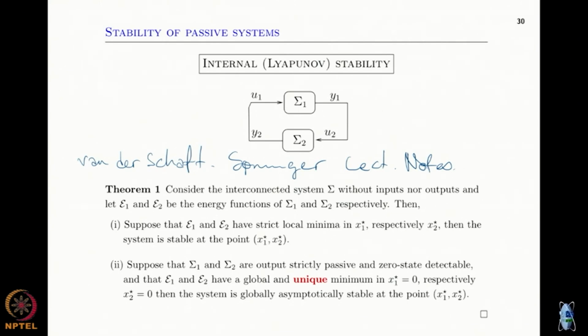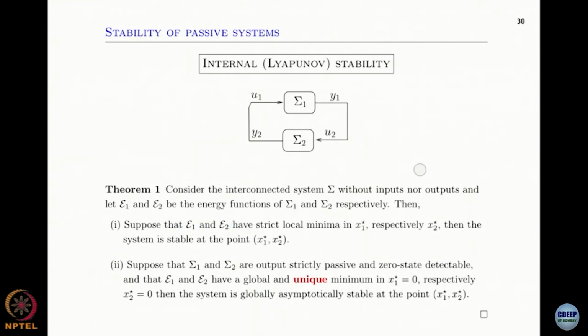Now it is left, of course, to determine stability of which equilibrium. Normally when you are trying to control a system to a set point, for instance, you would like this equilibrium to be a set point that you chose, right? So the only thing that is left to do is to manipulate the energy of these systems in a way that the energy functions have minima at the equilibrium that you want to stabilize, right?